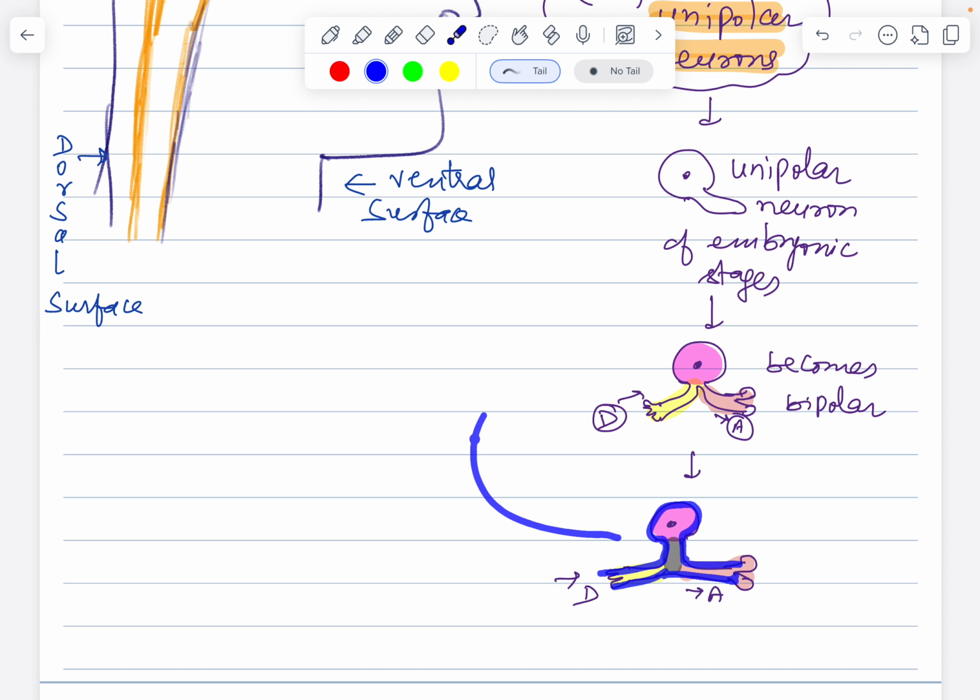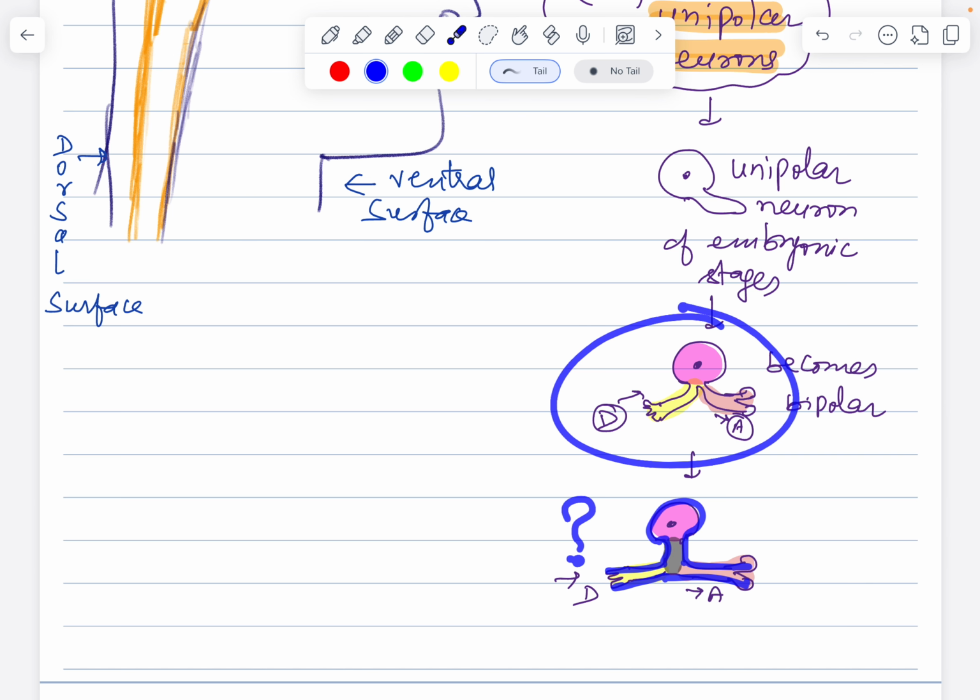But if we go a step back, we'll realize that this is not the truth. As of now in this picture, it is looking like a cell body giving rise to a single process, and that single process later bifurcates into two. But was this actually the case? No, because we know that originally, how many processes had already developed on this neuron? Two.